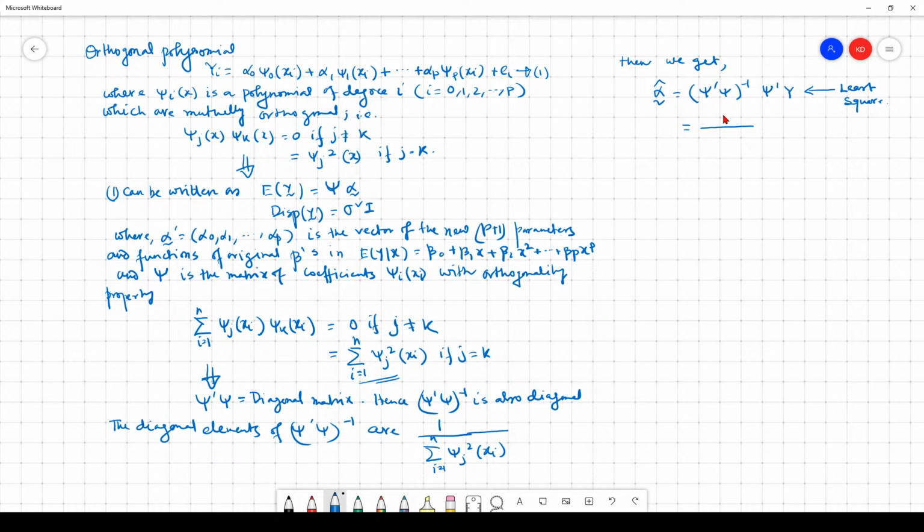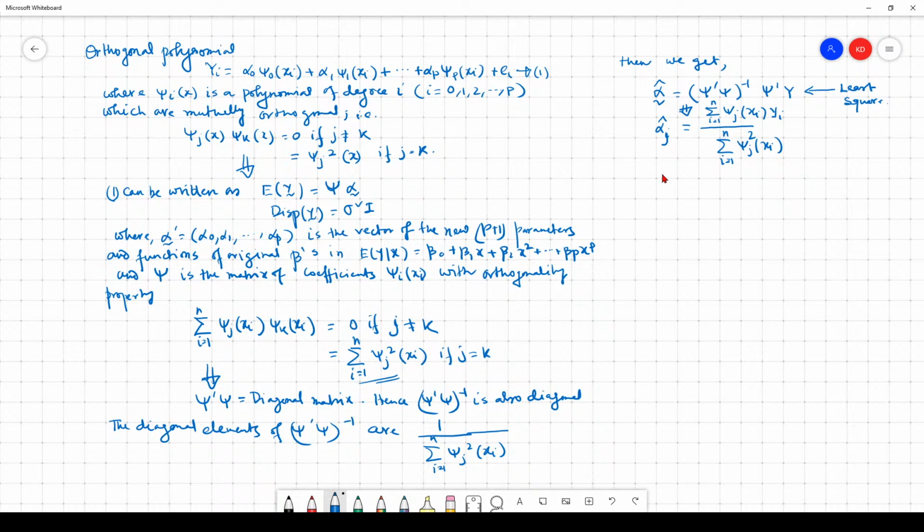So this implies alpha j hat is equal to the sum over i from 1 to n of psi j xi yi by the sum over i from 1 to n of psi j xi square.